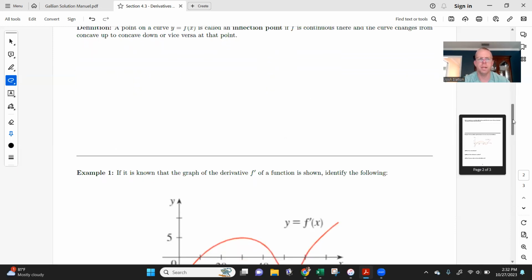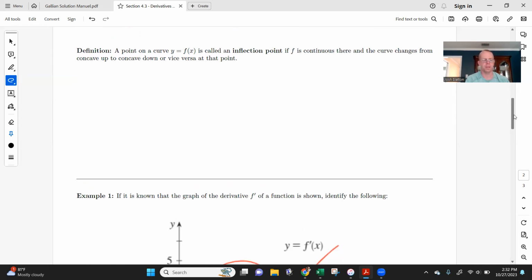All right, so then we can talk about inflection points. A point on a curve is called an inflection point if F is continuous there and the curve changes from concave up to concave down or vice versa at that point. So we'll draw kind of just a sketch here.